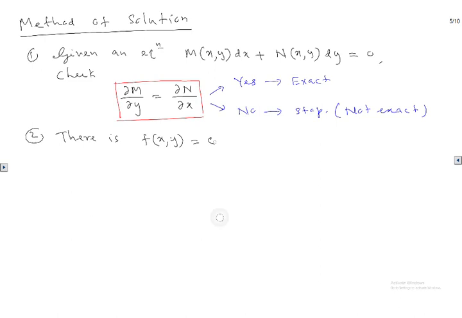So the goal is to find this function such that ∂f/∂x equals M(x,y) and ∂f/∂y equals N(x,y). What we normally do is pick the easy one to work with, because maybe one is easier. If both are the same, we normally go with the first one. Now let's say we pick the first one.